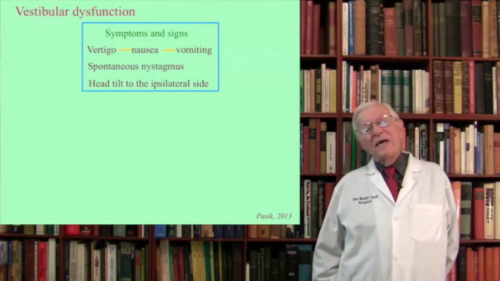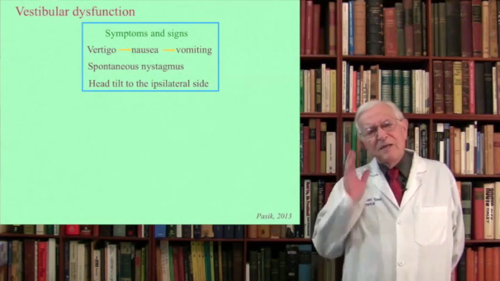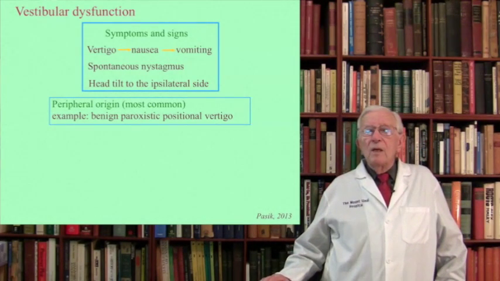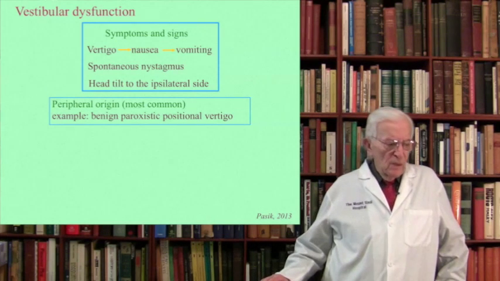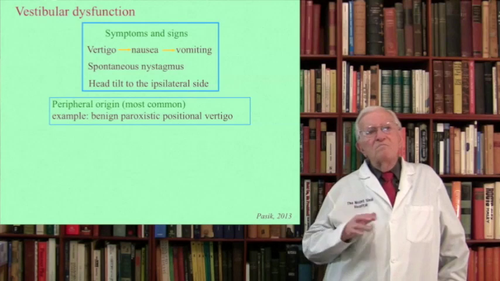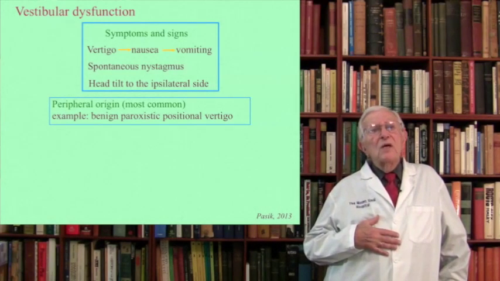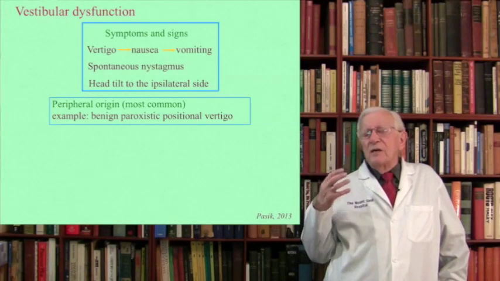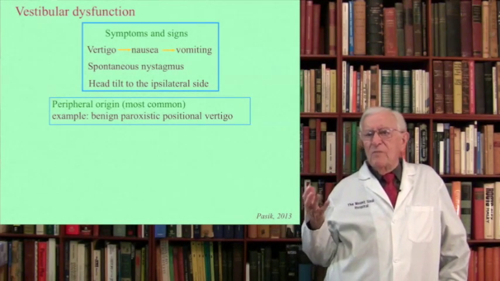Also, there may be a head tilt to the ipsilateral side when one labyrinth is at deficit. Now, examples of problems with the vestibular system. Most of the time, in a great percentage of cases, right, the problem is in the peripheral apparatus. They are not in the central nervous system, all right?